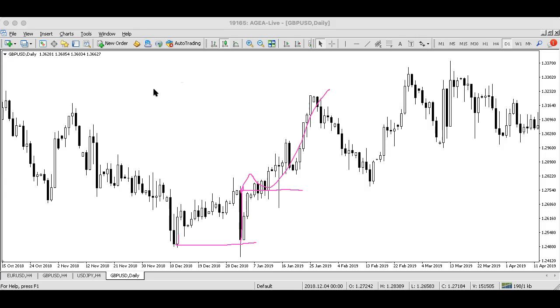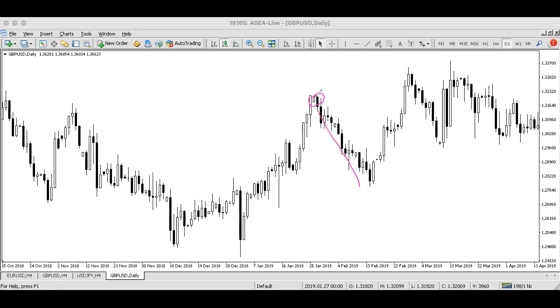Now, the best way of looking for supply and demand zones is looking for engulfing patterns. You know the engulfing pattern, right? Normally, people like trading engulfing patterns. We have an engulfing pattern here, so what happens when you see it forming is that it starts to sell.